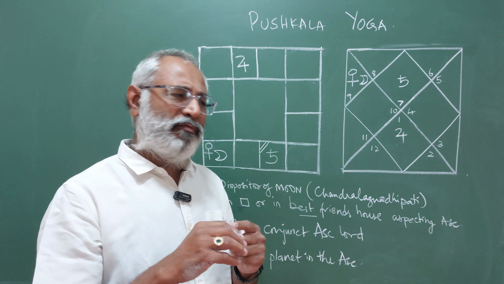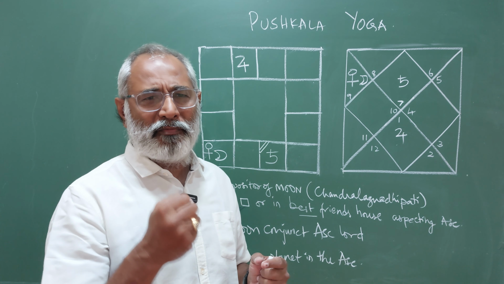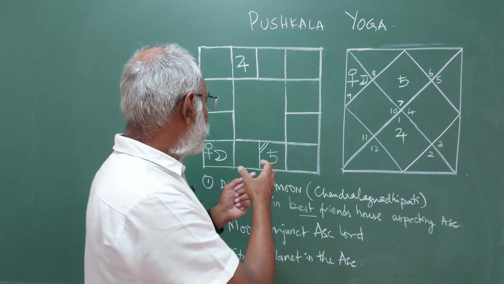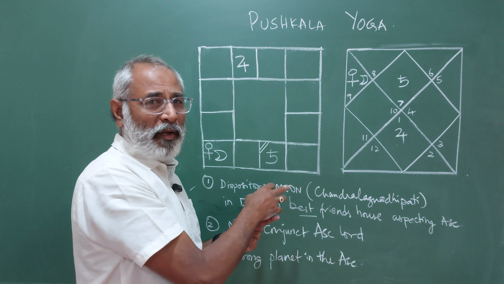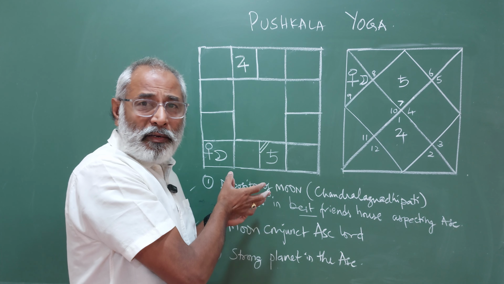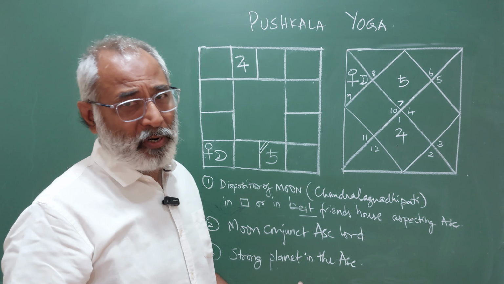He will have authority and command over the language and his subject. It's a super strong yoga. With the ascendant lord having a strong planet, it becomes doubly strong.